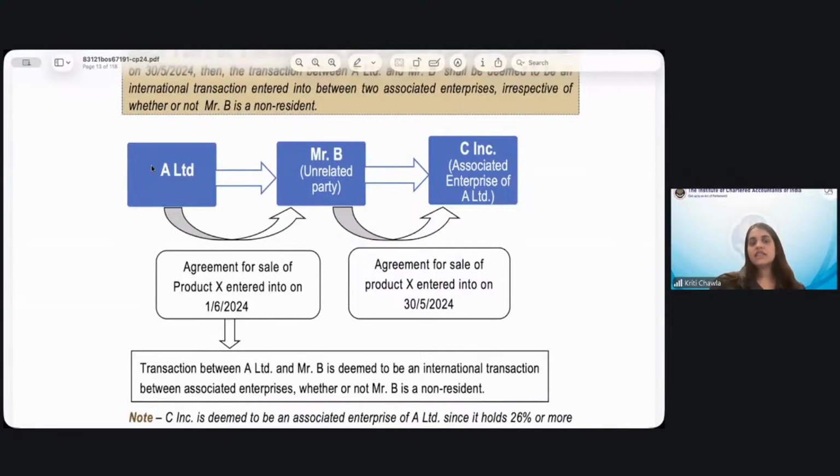So A has entered into a transaction with B for sale of product X, and B has entered into a transaction with C Incorporation for sale of the same product X, but this has happened before. Now, because B has entered into a transaction with an associated enterprise of A, they were trying to circumvent the transfer pricing provisions.